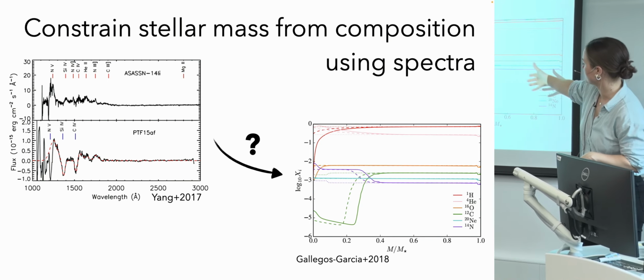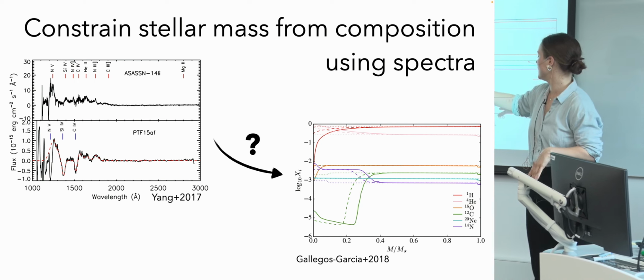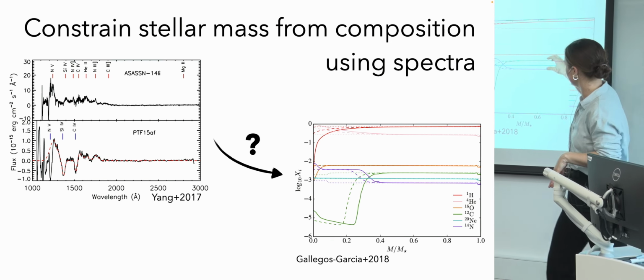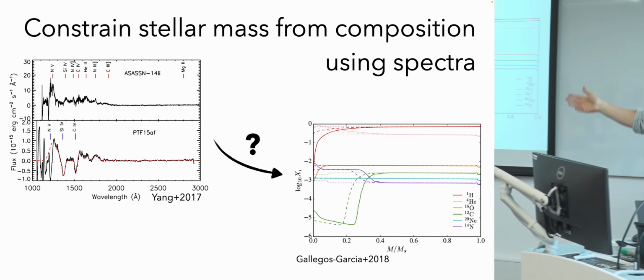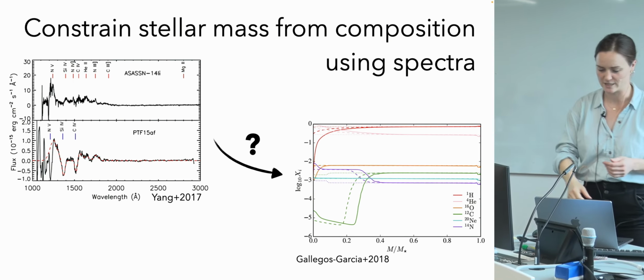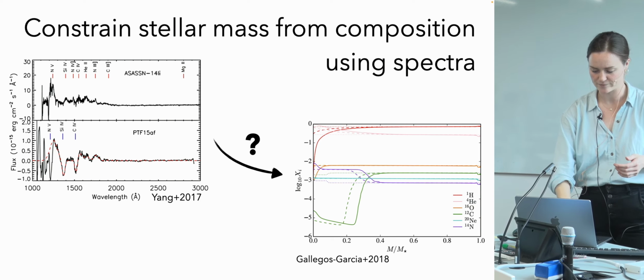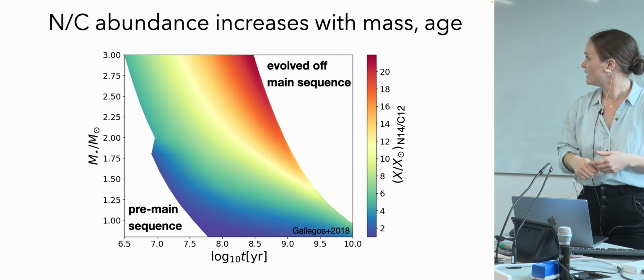And then on the right, I'm plotting compositional abundances through a main sequence star. This plot will essentially change based on the mass and age of the star as you go through hydrogen burning. It will also change as you go through helium burning, but that's a shorter time period.